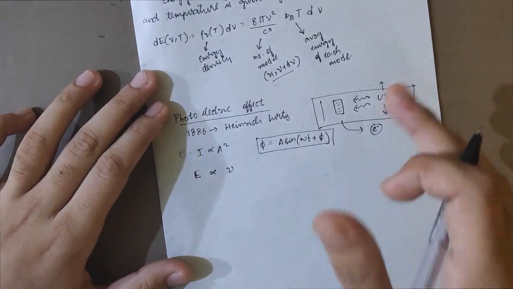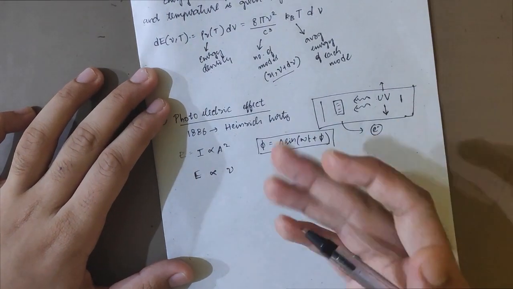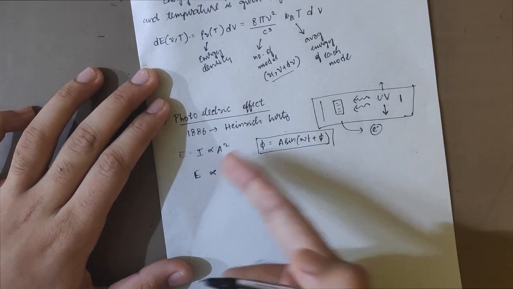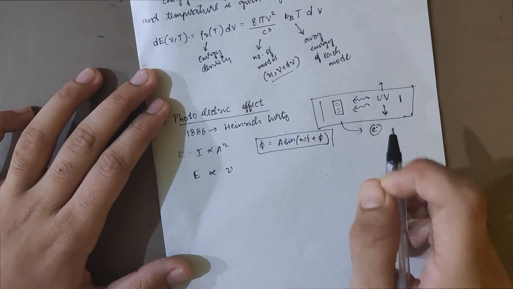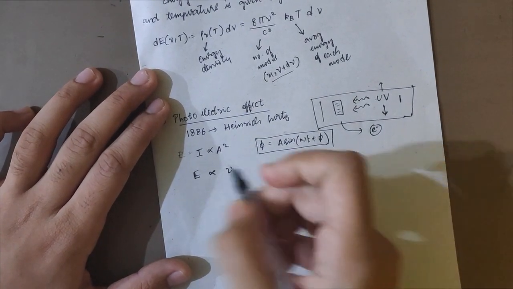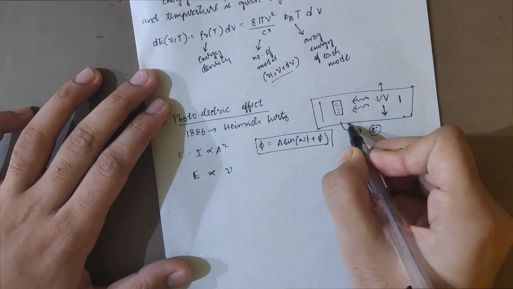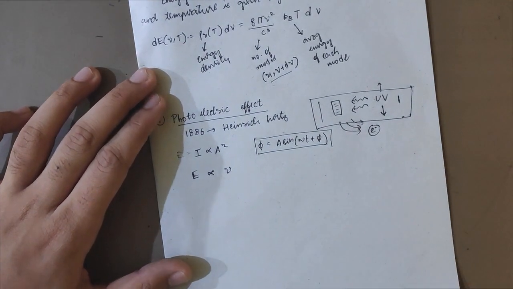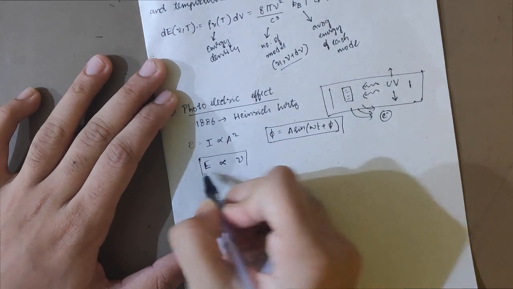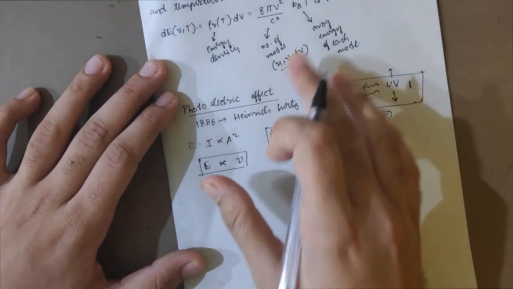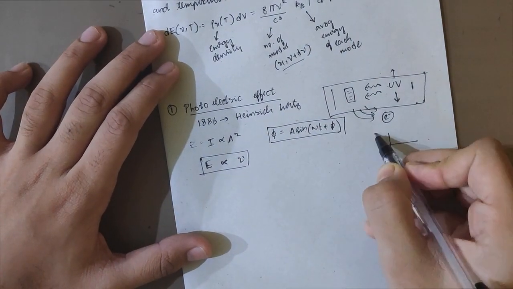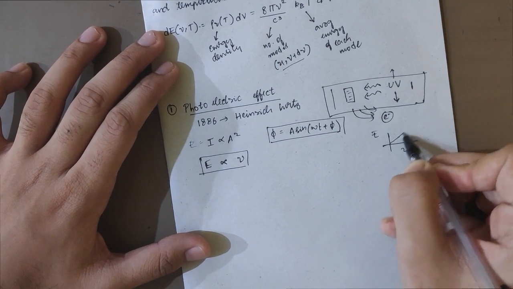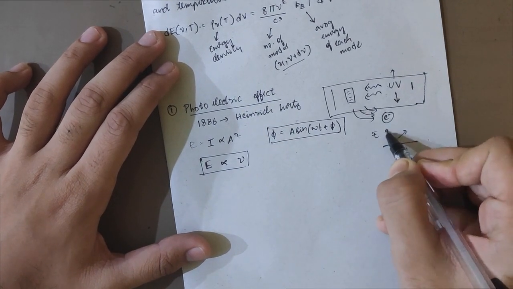And one more interesting conclusion he arrived at was that the light intensity affects only the number of electrons and not the kinetic energy. So intensity affected only the number of electrons emitted and not the energy of each electron, right? So from the photoelectric effect experiment, it was known that if you plot energy versus frequency, you have a somewhat straight line.